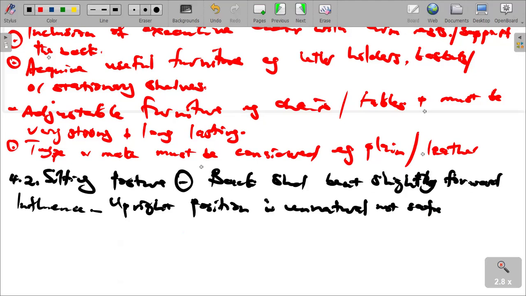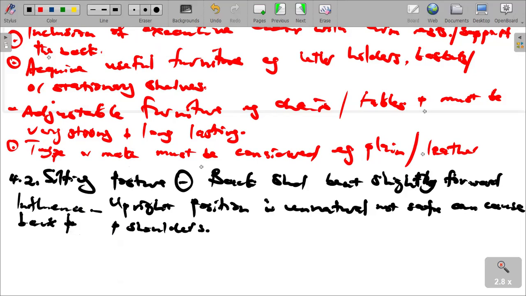So what we need to understand is that a rigid upright position can cause stress and pain on the shoulders, it can cause back pain and also pain on the shoulders. That is the effect of an upright position.